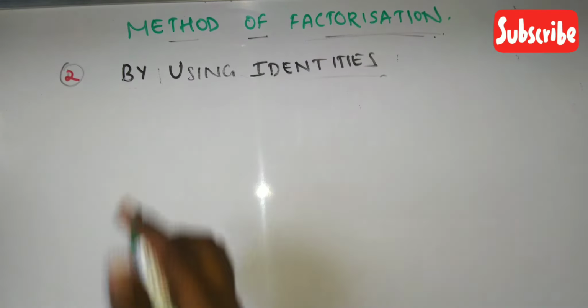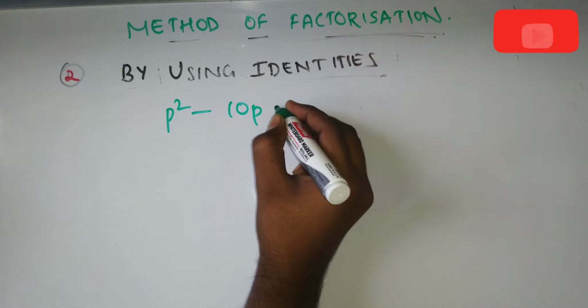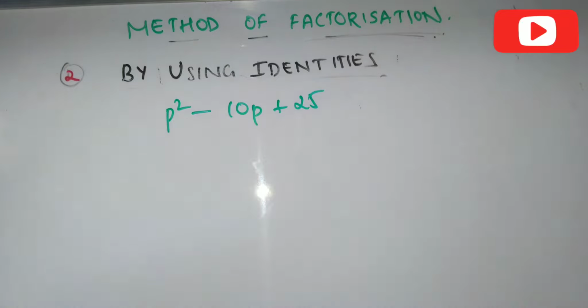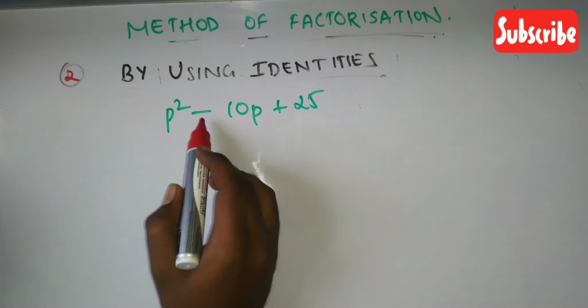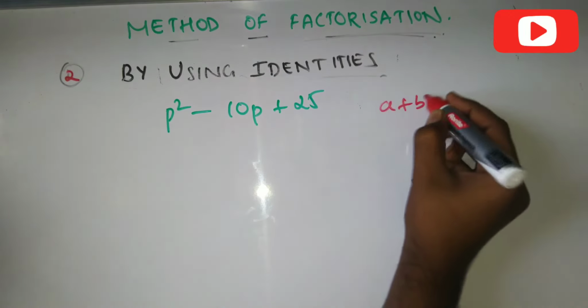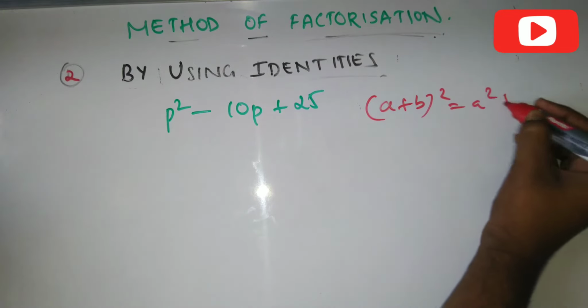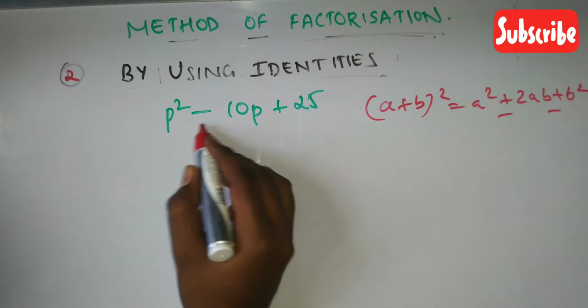One more term we'll take: p square minus 10p plus 25, correct? Observe here, one minus sign came. We cannot use the formula (a plus b) the whole square, a square plus 2ab plus b square, because here the plus sign is there but here a minus sign came.